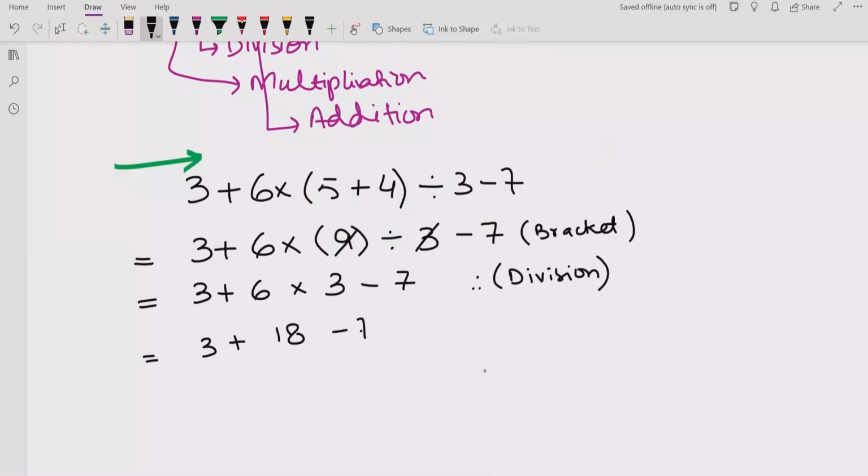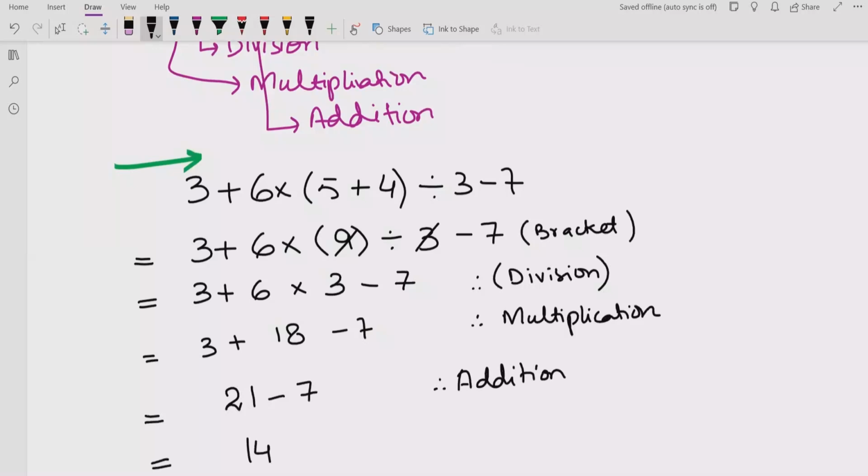This is multiplication. Now we have to add first because addition comes first. You can subtract first too, it is not difficult, but as per the rule we add first. So first we will add 21 and then minus 7. Addition comes first, and after that we subtract. 14 is the answer of this question.